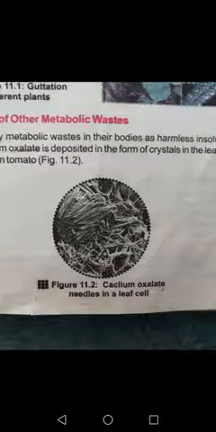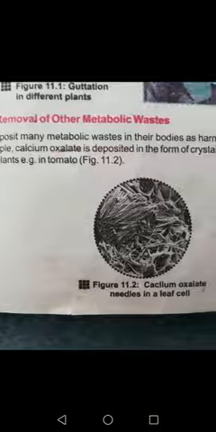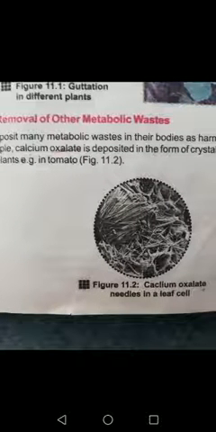For example, in tomatoes, the metabolic waste calcium oxalate is deposited in the form of crystals in the leaves and stems of many plants.